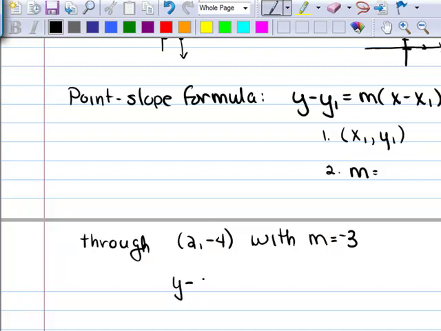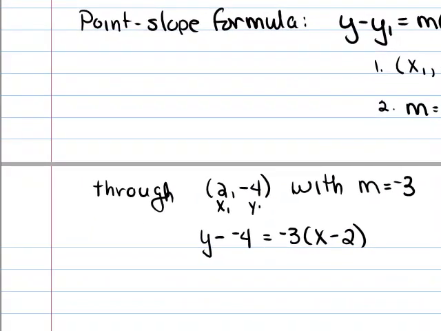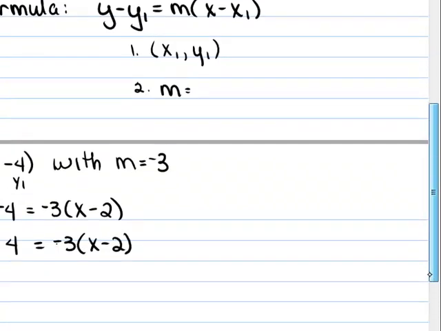Y minus, and then our y sub 1 is -4, equals m times x minus x sub 1. This being x sub 1, y sub 1. And then you can go ahead and simplify it. Change minus and minus to plus. And if we leave it like this, our answer's in point-slope form.